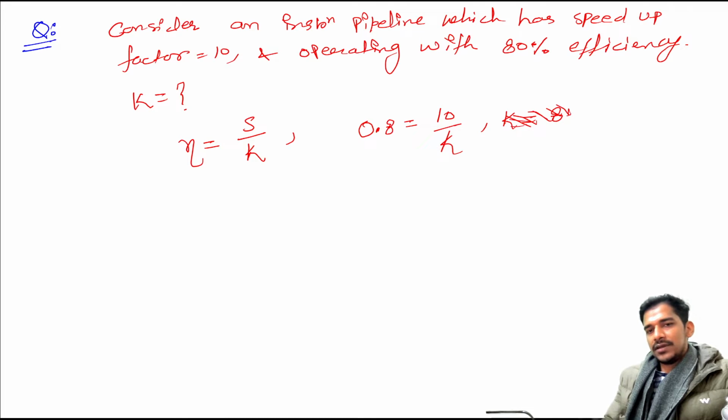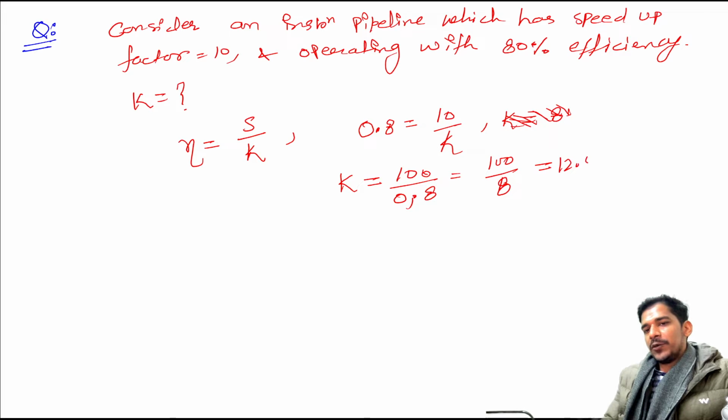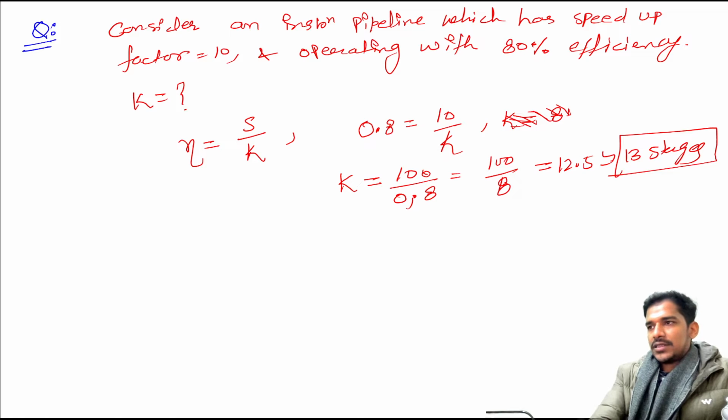So the number of stages will be k equal to 10 by 0.8, right? Or you can say 100 divided by 8. It will be 12 point something, which will be approximately 13 stages. Stages cannot be in fraction, so 13 stages will be required in this particular pipeline processor.